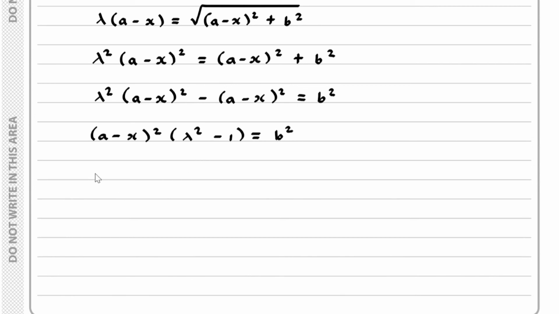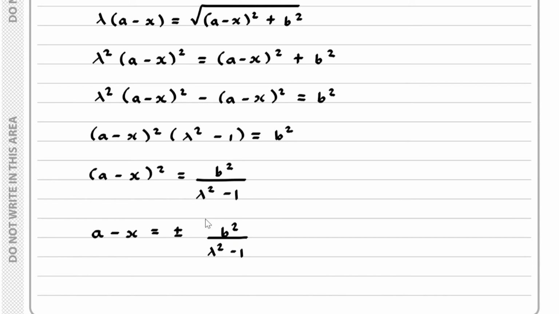And so (a minus x) squared is equal to b squared over (lambda squared minus 1). And now if we square root, we have a minus x equals plus or minus the square root of b squared over (lambda squared minus 1).